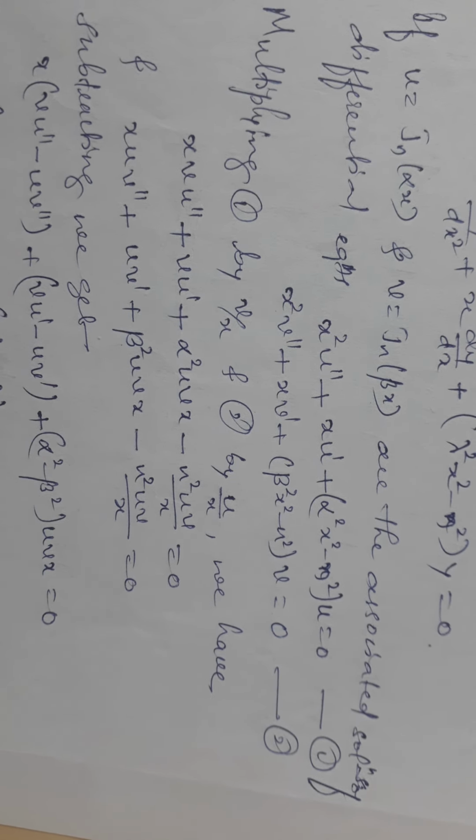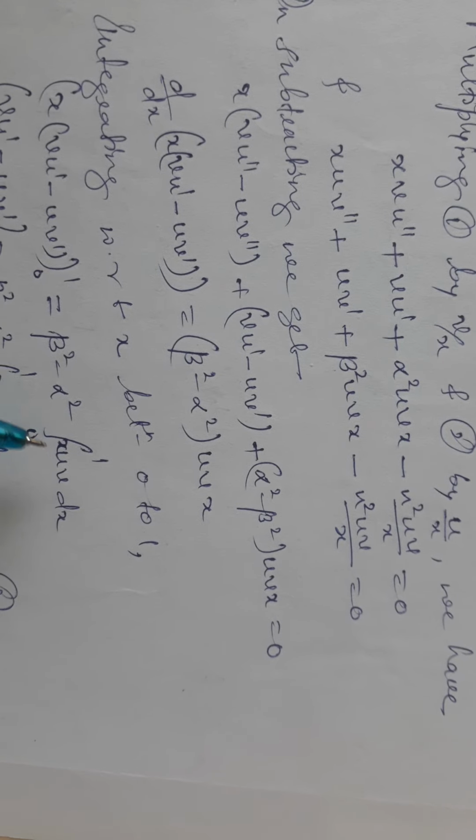Now the first two terms, x (v u'' − u v'') + (v u' − u v'), we can write as the derivative of x (v u' − u v'). Transferring the other term to the right side, this equals (beta² − alpha²) u v x.